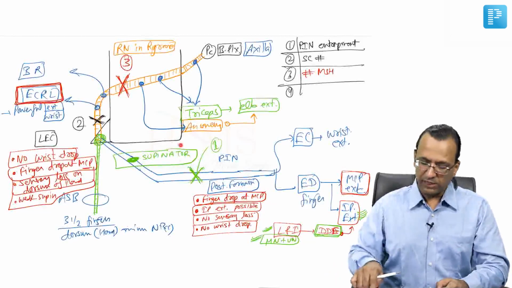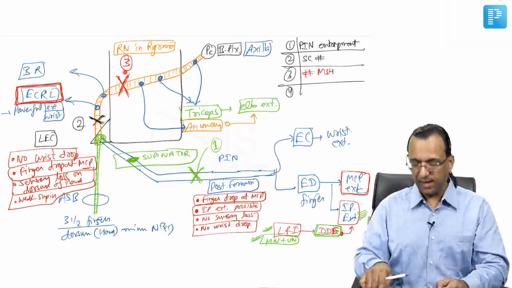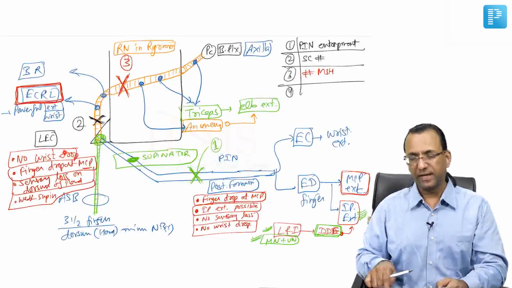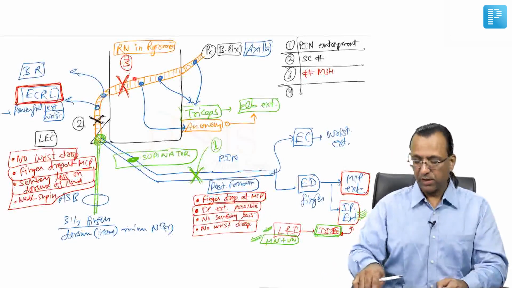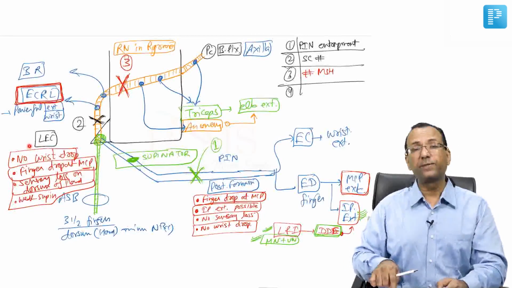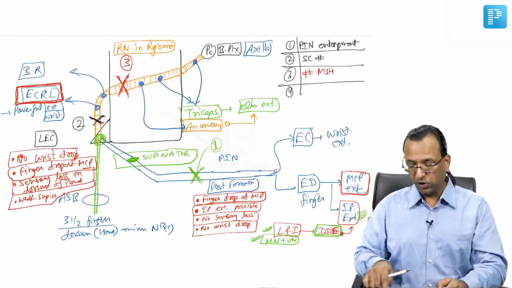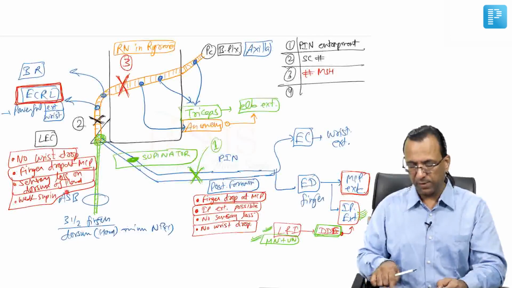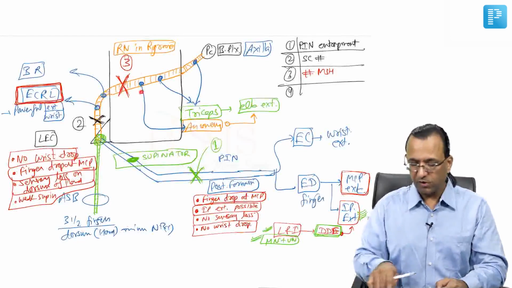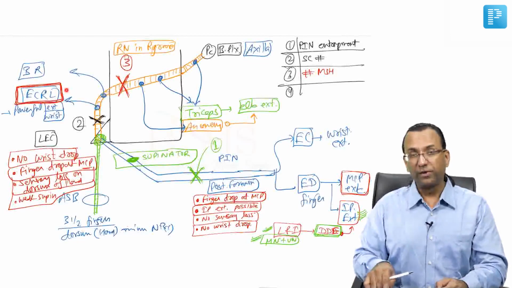You mean to say this patient has the same problem as the previous patient but additional wrist drop? Yes, you can say like that. Since this is a proximal injury, ECRL is gone, wrist drop will be there.